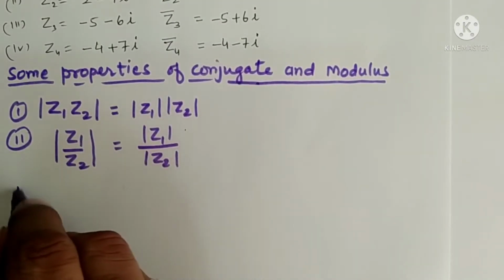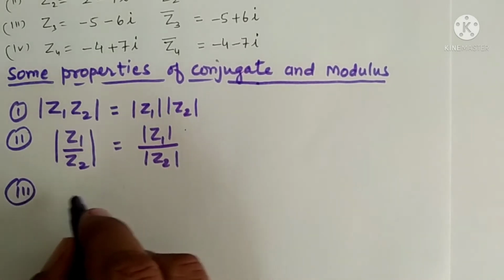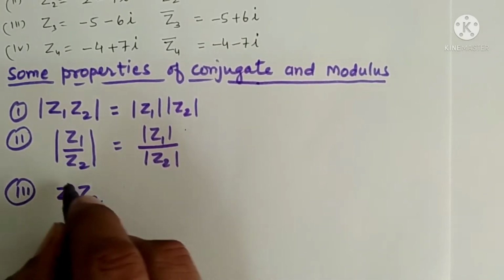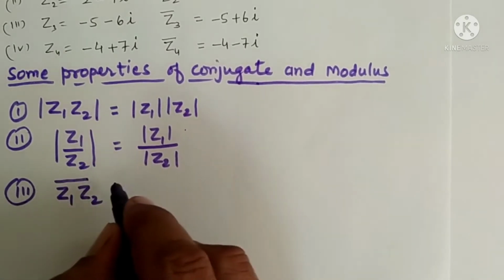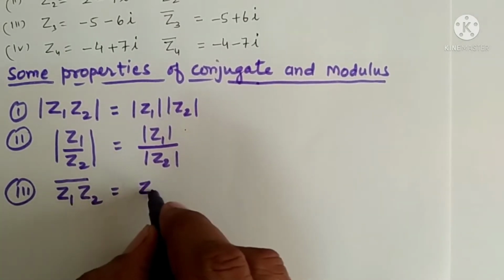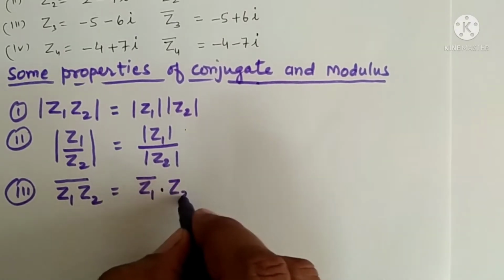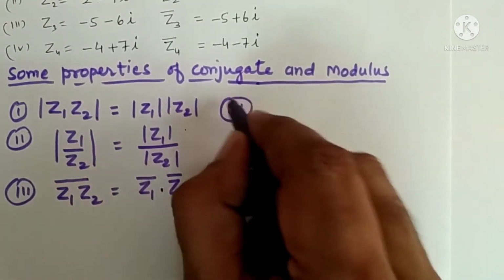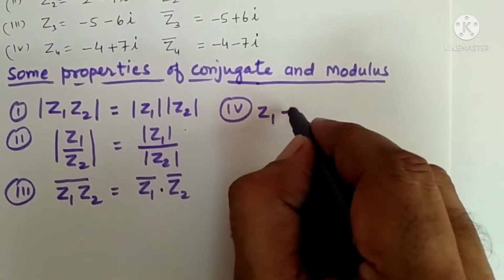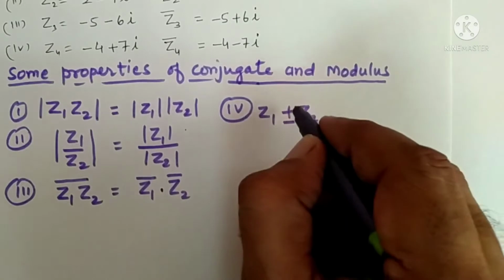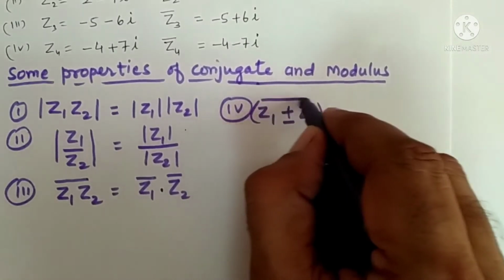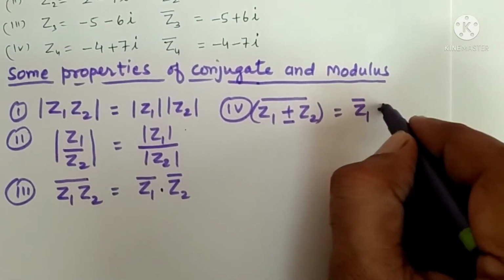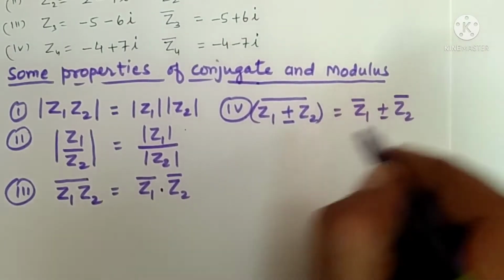The third property is for the conjugate. Look here, if we have z1 z2 whole and conjugate, this will be equal to z1 conjugate into z2 conjugate. And the fourth property: z1 plus minus z2 whole and conjugate will be equal to z1 conjugate plus minus z2 conjugate.